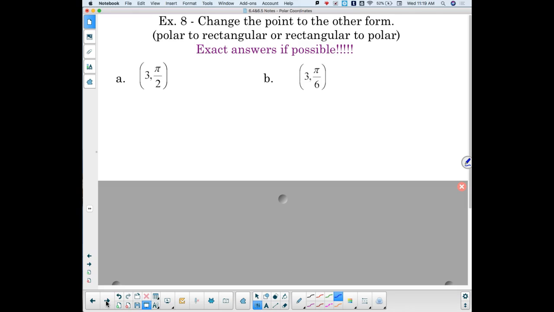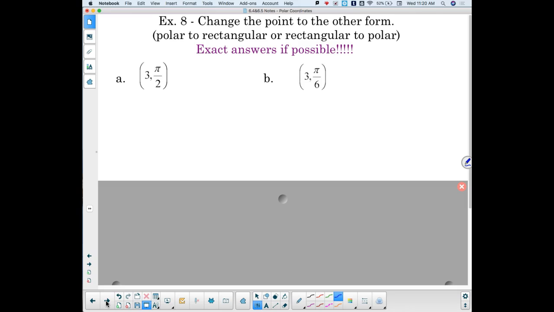If it's a unit circle angle, we expect exact answers. Shouldn't even have to tell you at this point in time that if it's a unit circle angle, we expect exact answers.